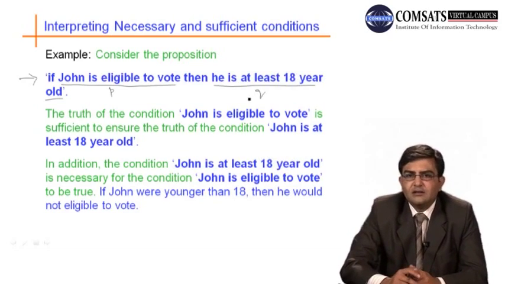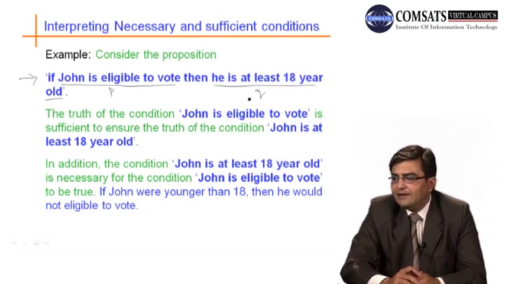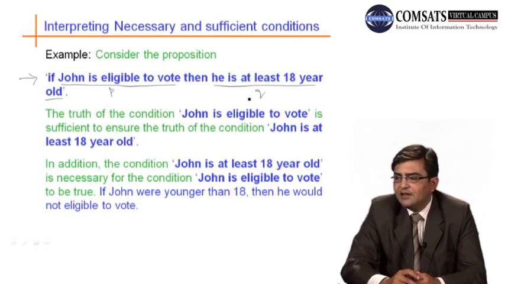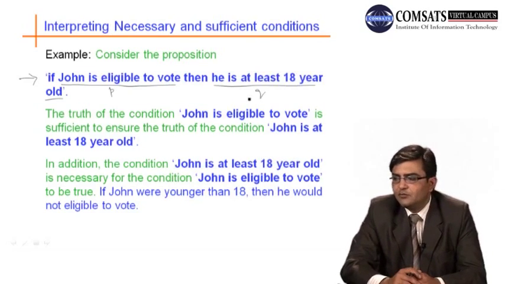If someone says John is eligible to vote, then it is sufficient for this that he is at least 18 years old, because 18 years of age is the necessary condition to be eligible to vote for anybody.